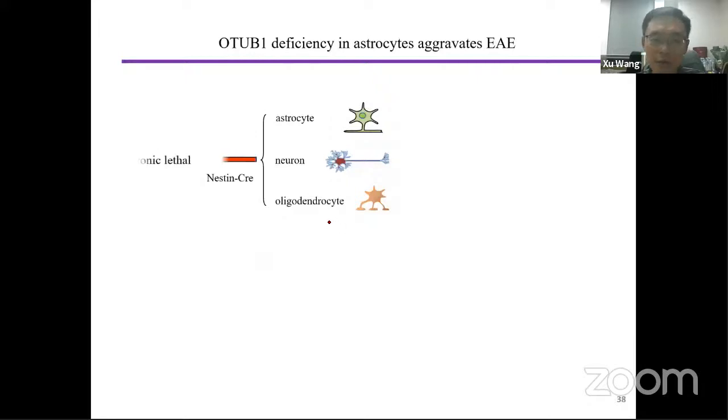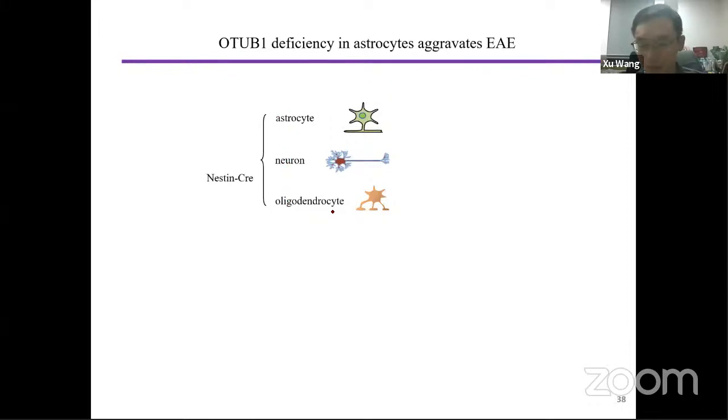Then we crossed the OTUB1 flox mouse with some Cre mice. With this technology, we can specifically delete OTUB1 in neuroectodermal cells, including astrocytes, neurons, and oligodendrocytes.